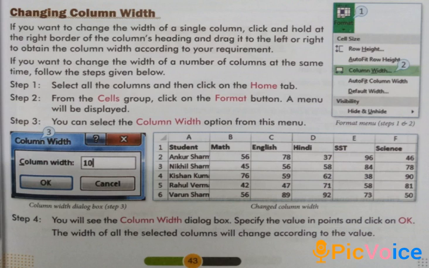And step 4, you can see column width dialog box and you should specify the value in points and click on OK button. Then the width of all the selected columns will get changed according to the value.